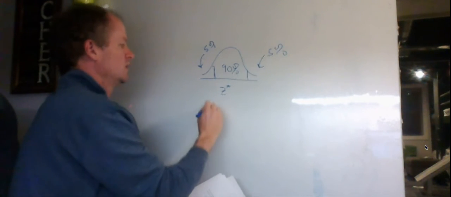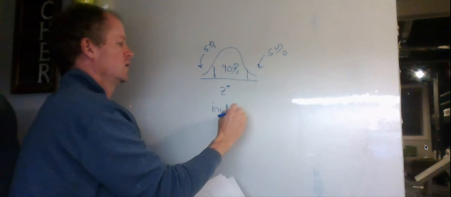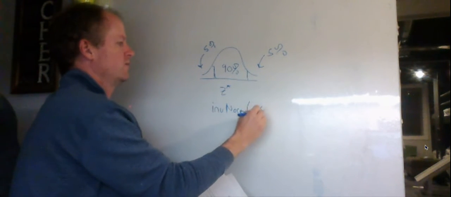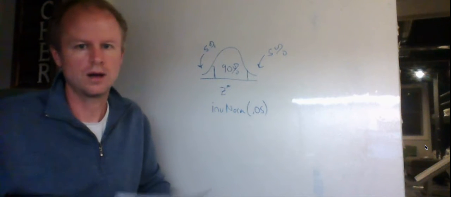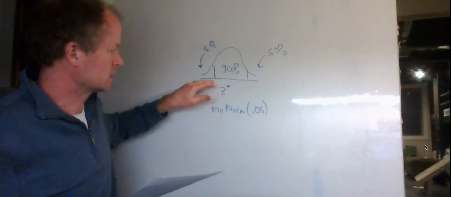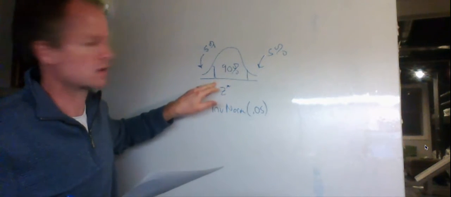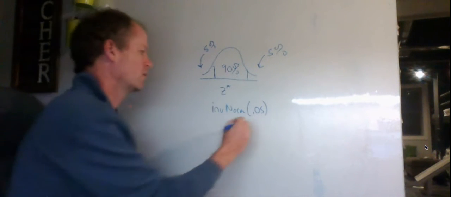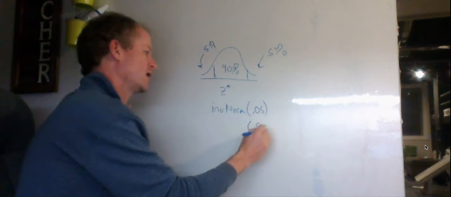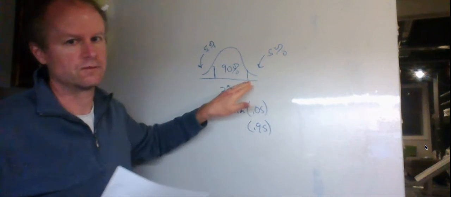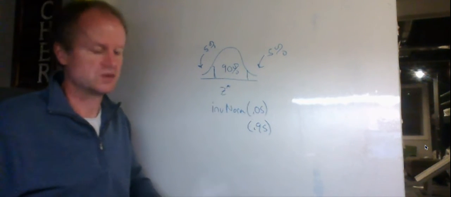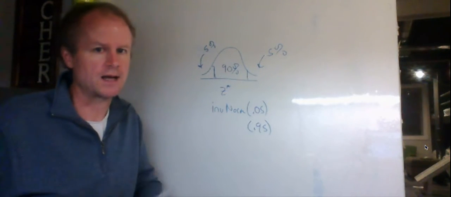So I would do inverse norm of 0.05, and that would tell me what that is. That's actually going to give me the negative version of the z star. If I did inverse norm of 0.95, I'm going to get the positive version. If we do inverse t, we need to specify how many degrees of freedom we're using. So don't forget about degrees of freedom when you do that.